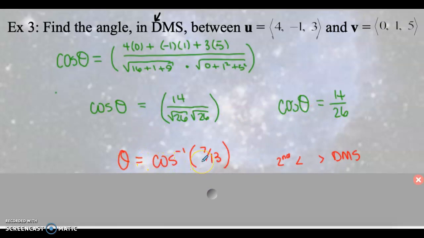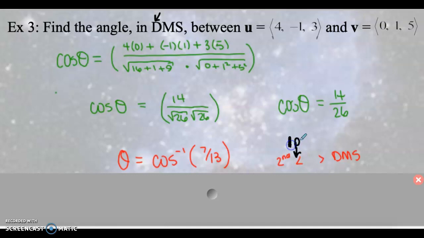And of course to find theta we're going to take the cosine inverse. So once you have that angle in your calculator, then in order to get it into degrees, minutes, seconds, we're going to go second, and then we want angle. So this is right above your apps button, and that's why we're hitting second.